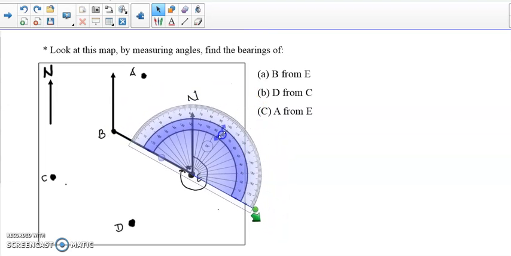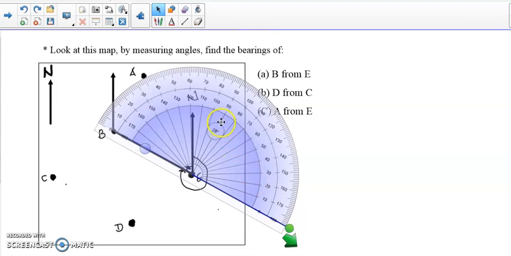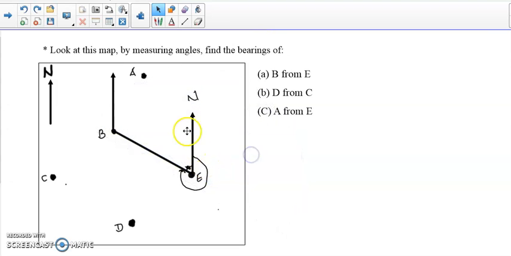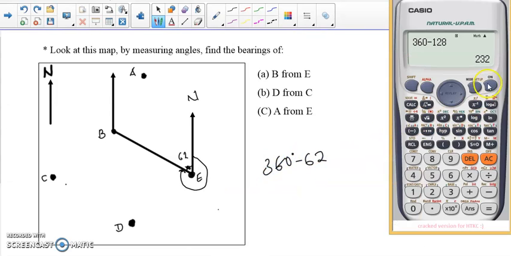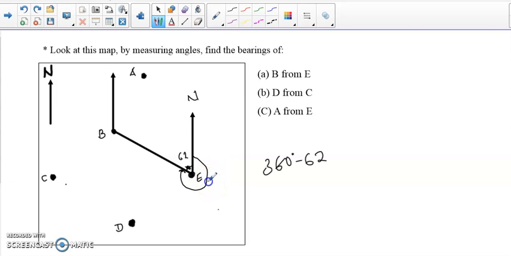If I look at it very well, it goes to 62. So that means that here already is 62. So the angle I'm looking for will now be 360 minus 62. That is 298. So the angle here is 298. Therefore, the bearing of B from E is 298 degrees.